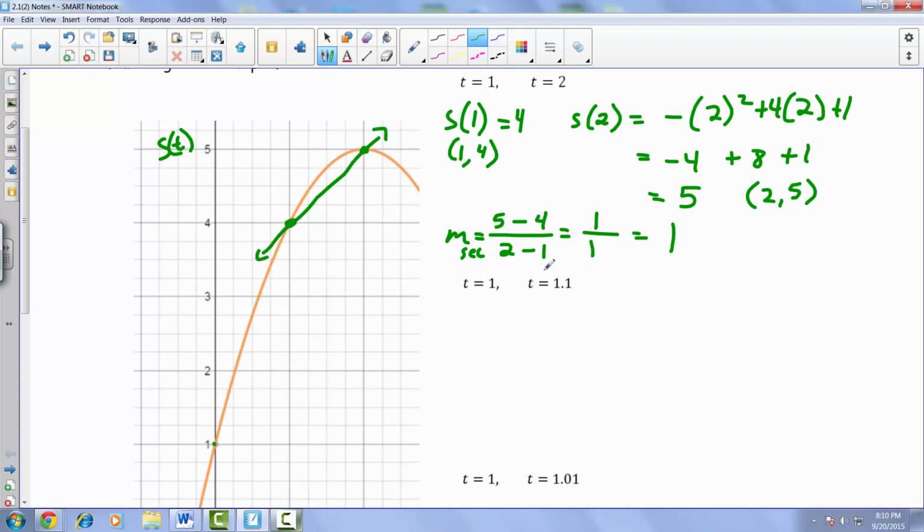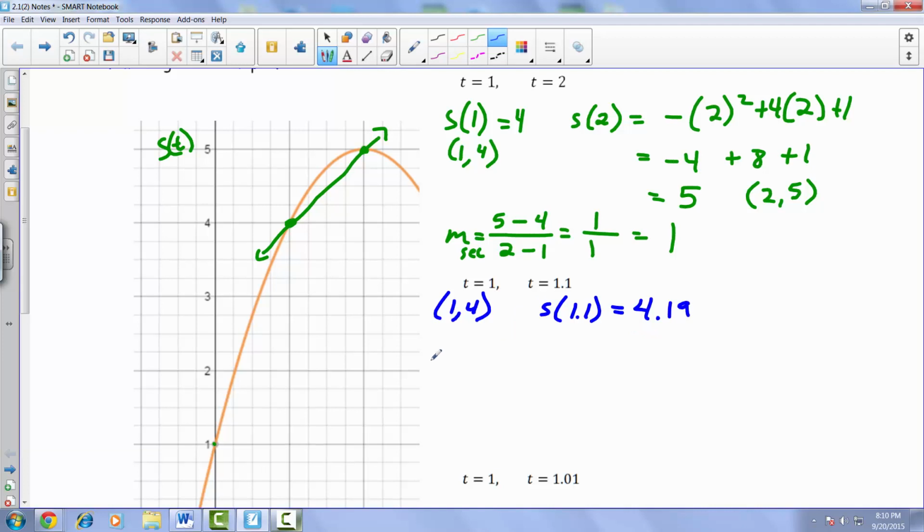All right. For the next one, we're looking at t is equal to 1, and then t is equal to 1.1. Well, we've already found this y value, so we don't have to worry about it. Finding the position for 1.1, when we throw that into the function, it does come out to be 4.19. You just throw that into the calculator.